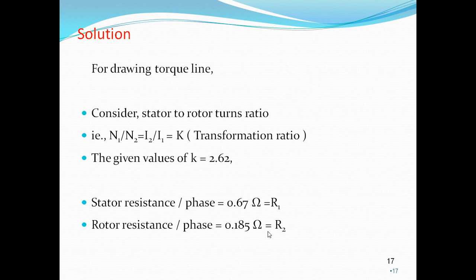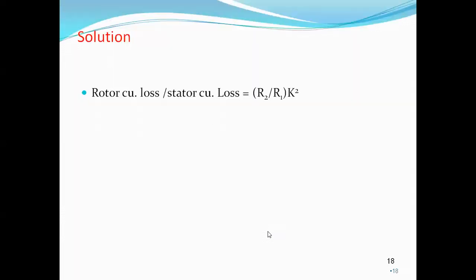So after getting these two, the stator and rotor resistance, what is the rotor copper losses by stator copper losses? That is I2 squared R2, and the stator copper losses is I1 squared R1.